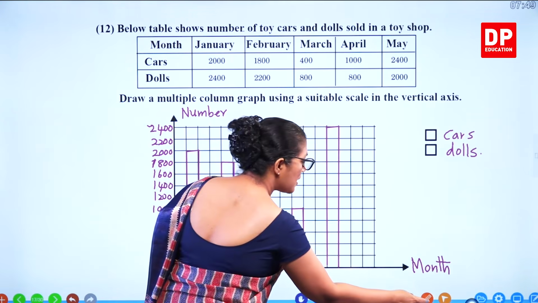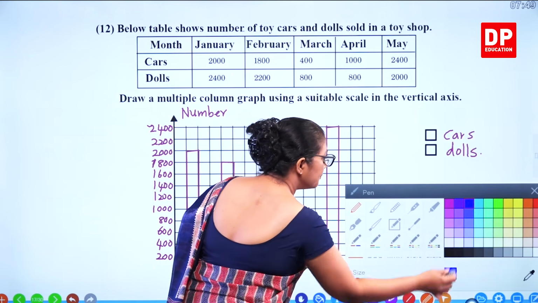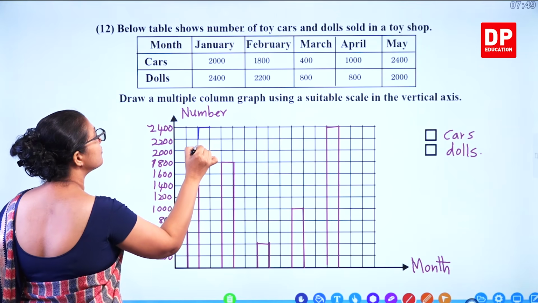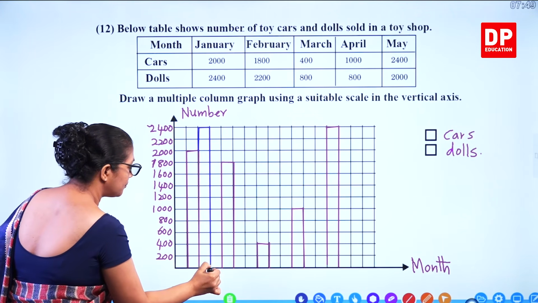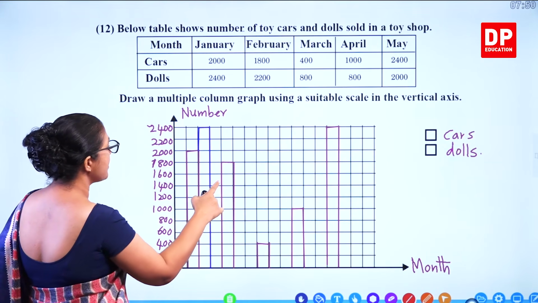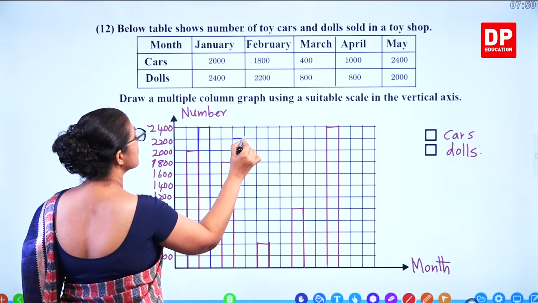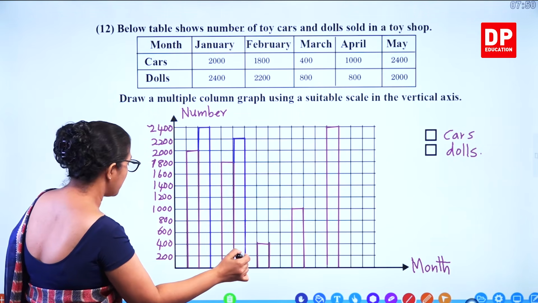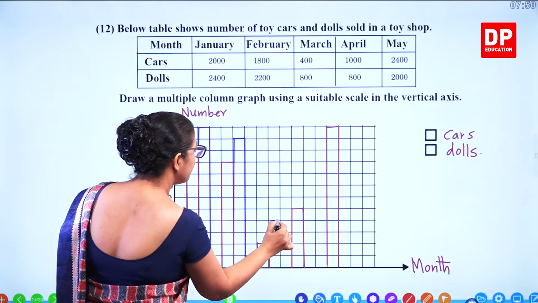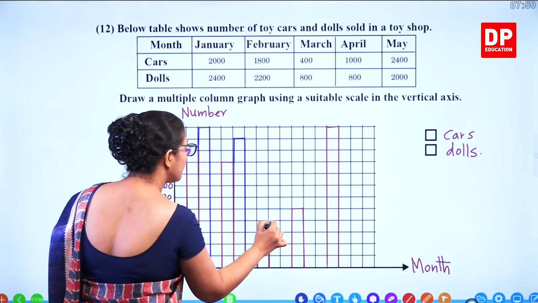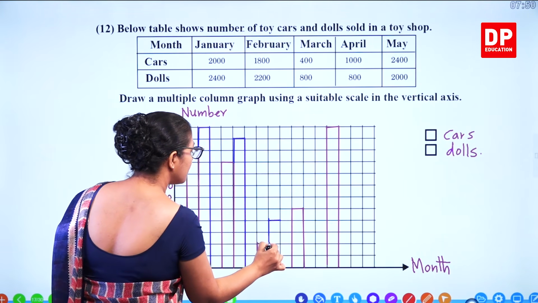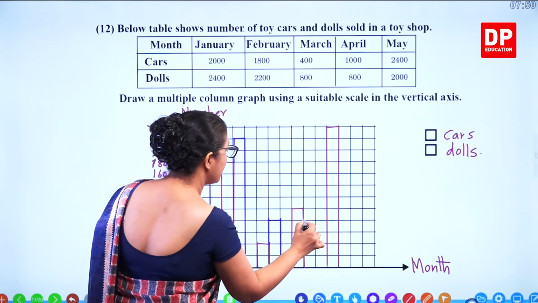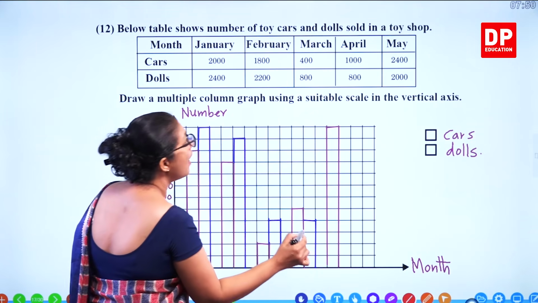Other one, we'll take a different color. 2400 in January. 2200. 800. 800 again. And 2000.